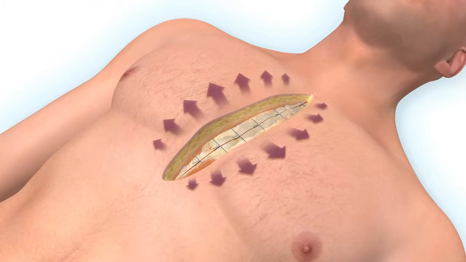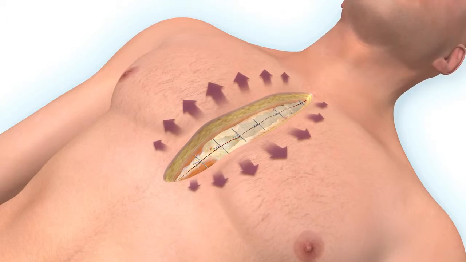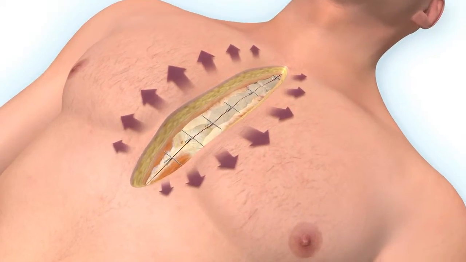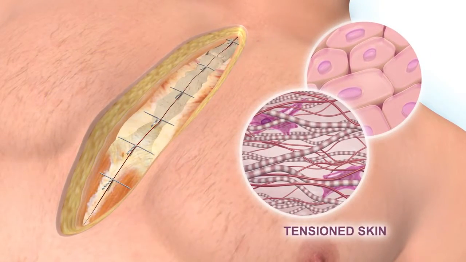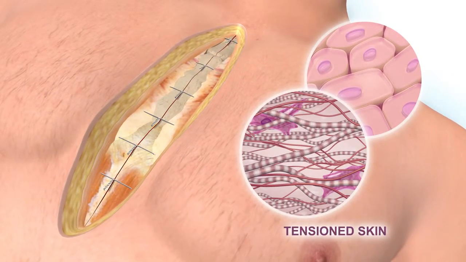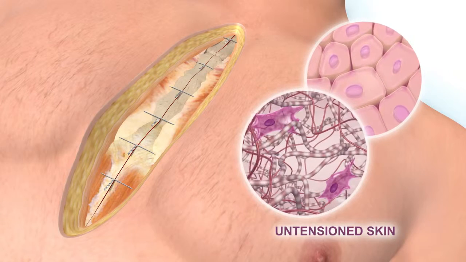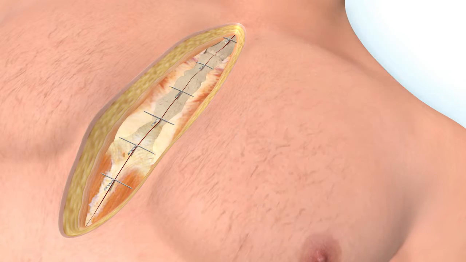When skin is cut, its natural surface tension is lost. This causes the cellular structures to retract to a stable, untensioned configuration.